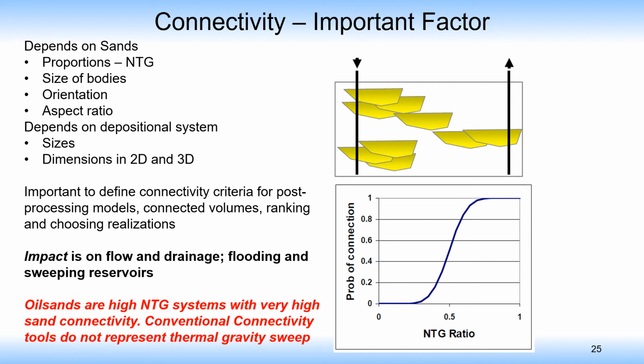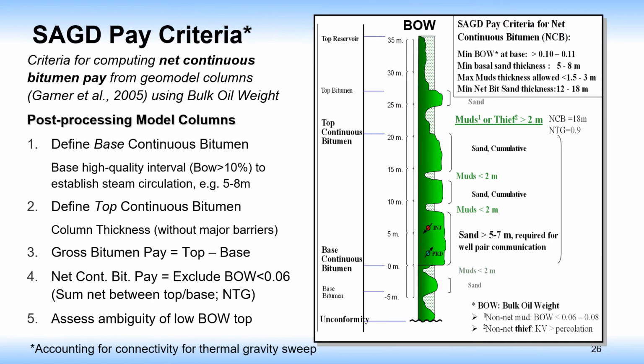Okay, so here's the statement that the oil sands are high net to gross systems with very high sand connectivity. Conventional connectivity tools do not represent thermal gravity sweep. Conventional tool would be cell-to-cell connections of the net cells. That doesn't work. So we're going to use a mining type approach. And what we're doing then is looking at a criteria for computing net continuous bitumen pay in the model columns.